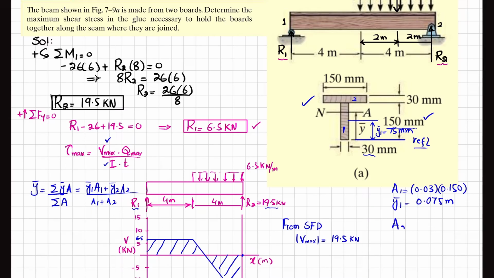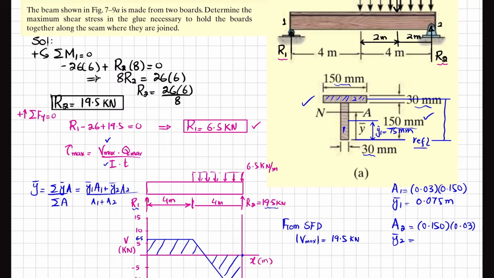What is A2? So A2 is this area, you can see. So its area is 150 by 30. So I can write it 150 in meter is 0.150 and 30 is 0.03. And what is Y2 dash? So you can see Y2 dash is distance from this reference line till the mid of this section. This is your Y2. This is reference line. Okay.